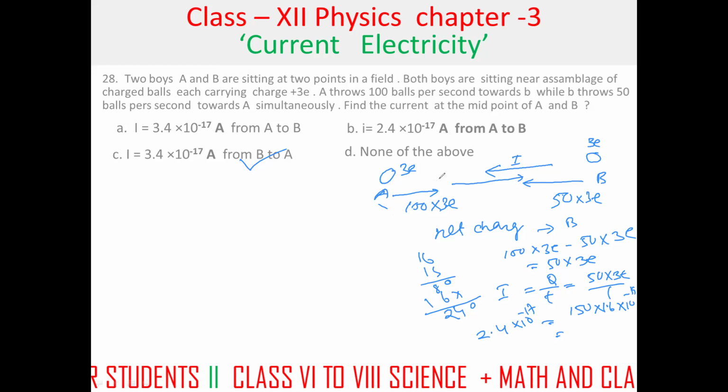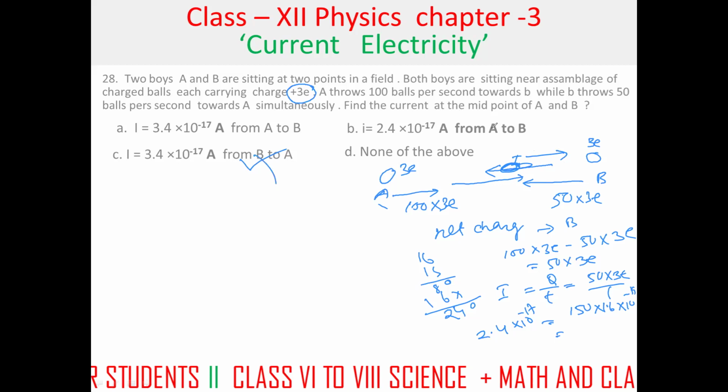The current direction is B to A. How is it B to A? No, see, this is plus 3 charge. So these are not electrons, these are protons. As these are protons, current will be A to B. Got it? So this is not the correct answer.